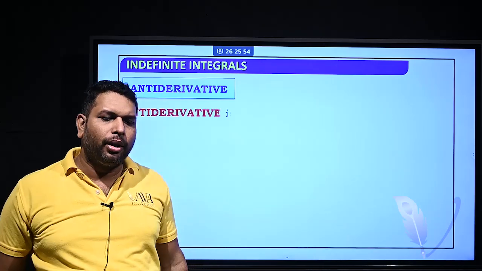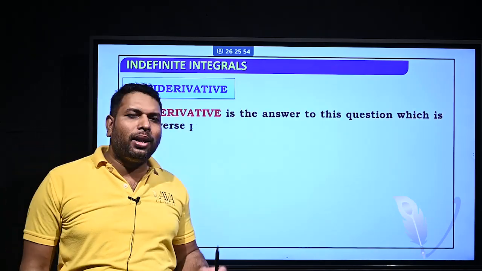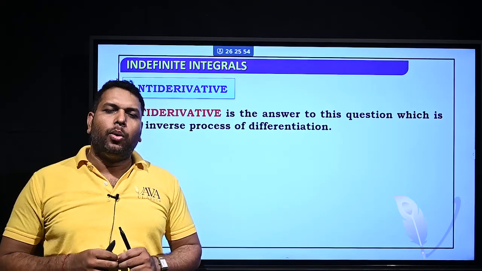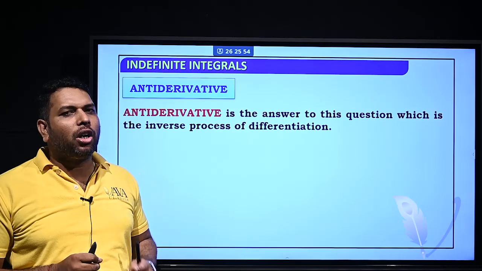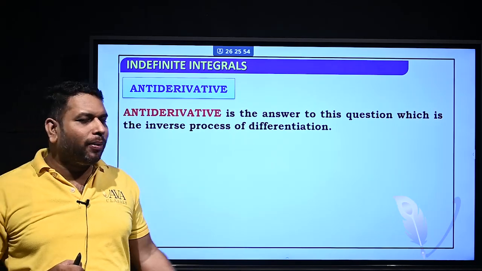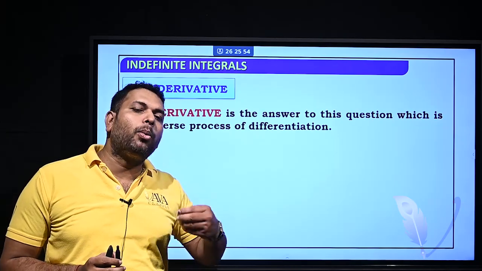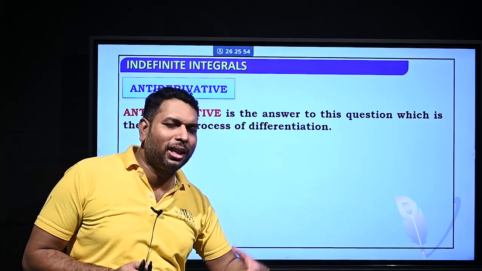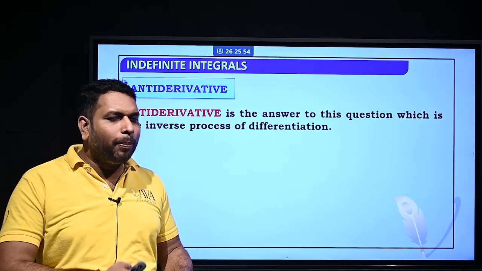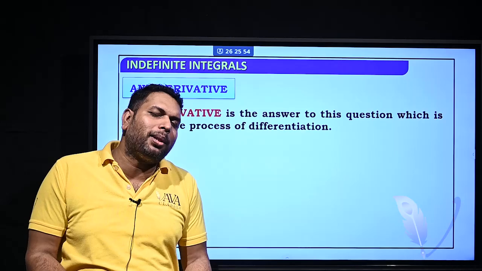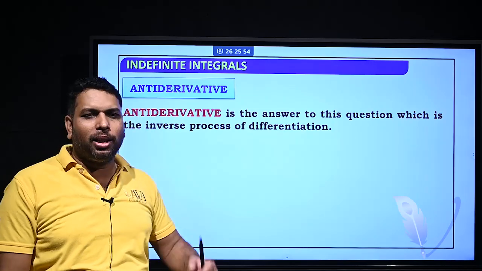So antiderivative is the answer to this question, which is the inverse process of differentiation. That is, the function is given, then that function is the derivative of which function can be evaluated by this process. That's why it is the anti process of derivative, it is called antiderivative.